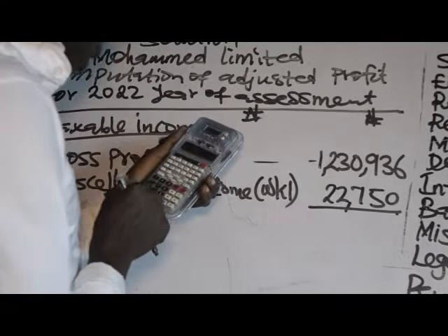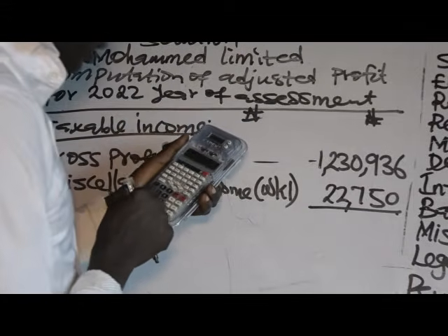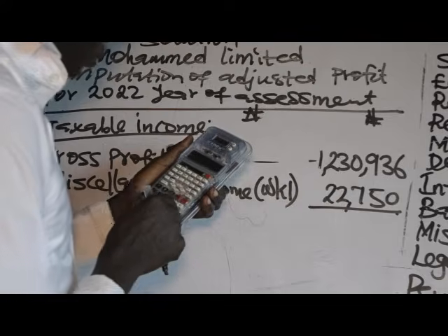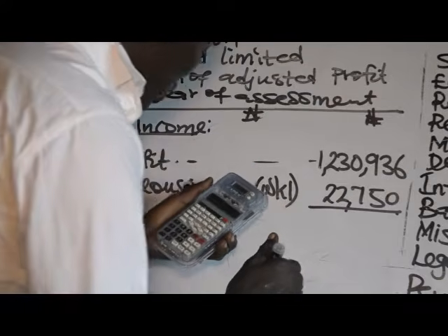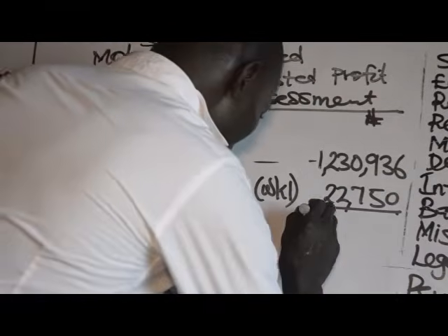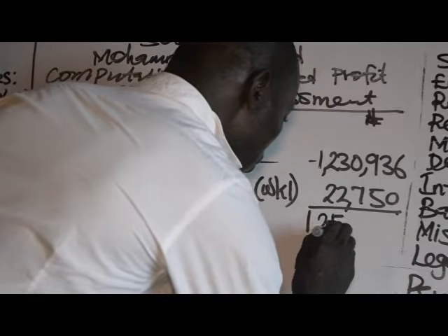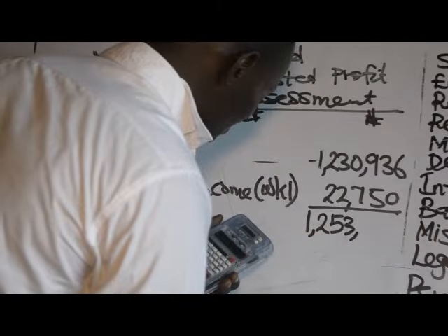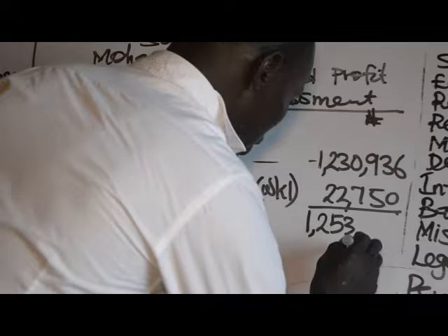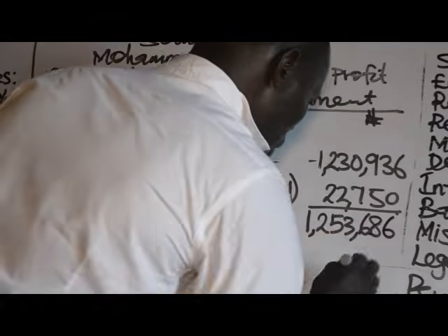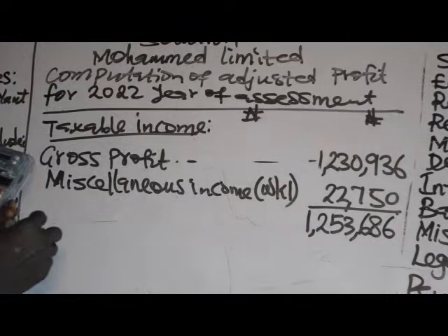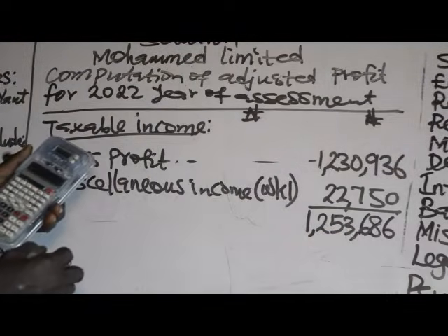So by the time you sum it up, the total taxable income amounted to 1,253,686.